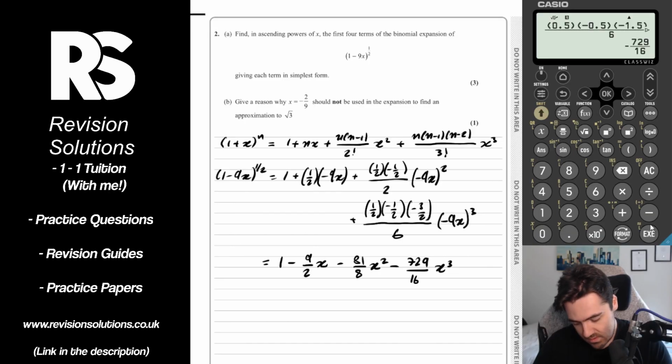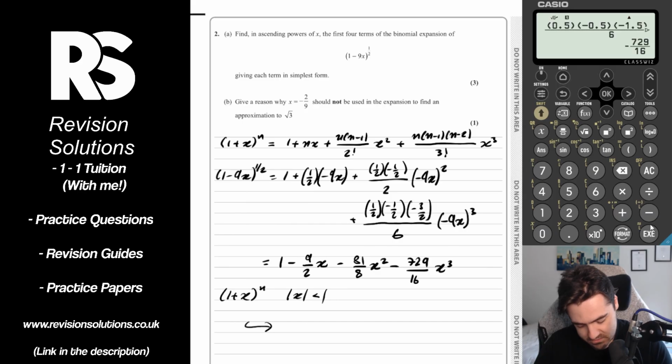Then for part B, it says, give a reason why x equals minus 2/9 should not be used in the expansion to find an approximation for root 3. Well, first let's quickly check it's a valid x value at all to put in the expansion. When we use 1 plus x to the n, it tells you in the formula booklet that this is only valid for mod x being less than 1.